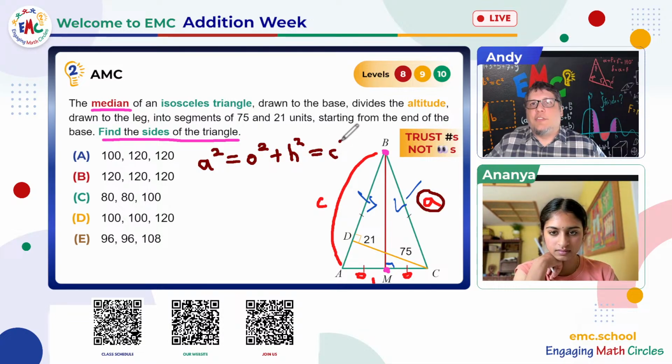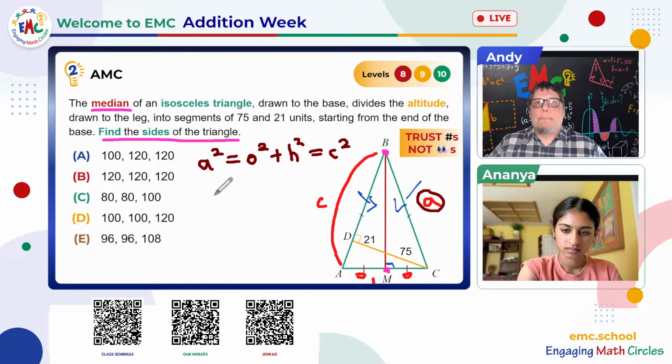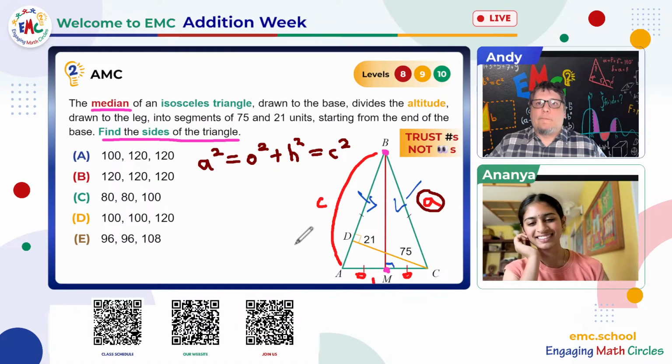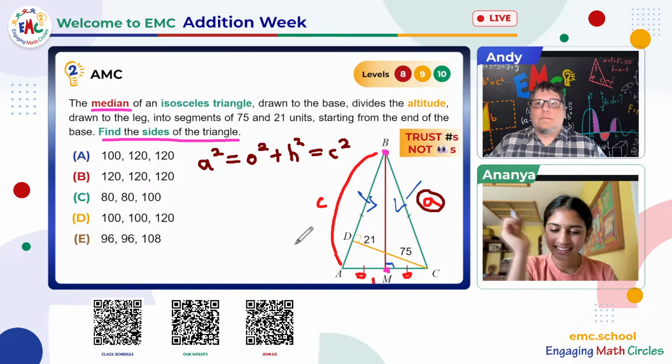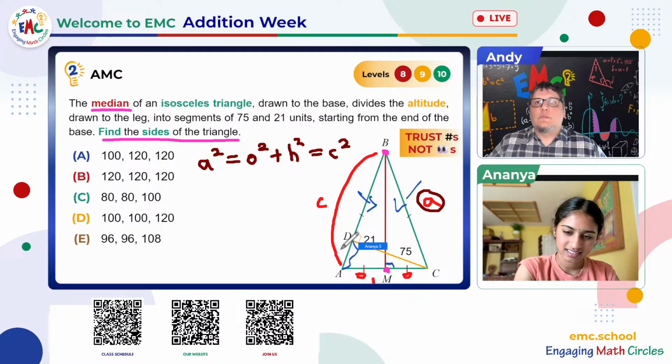We knew that because they're isosceles as well. Yep. Okay, I have another right angle here. What can I say? So it's c minus that length.